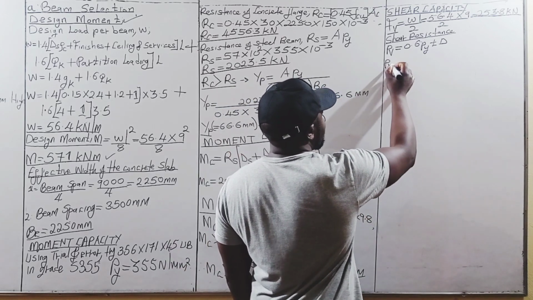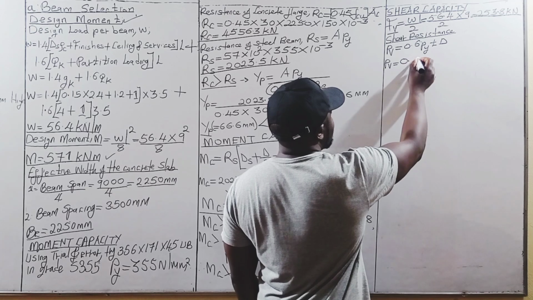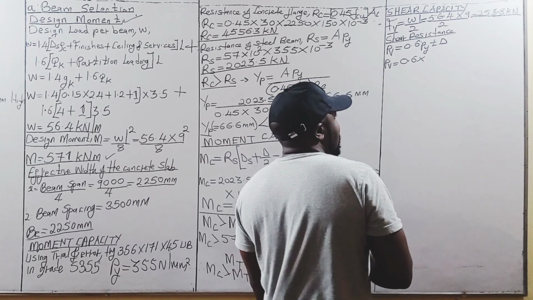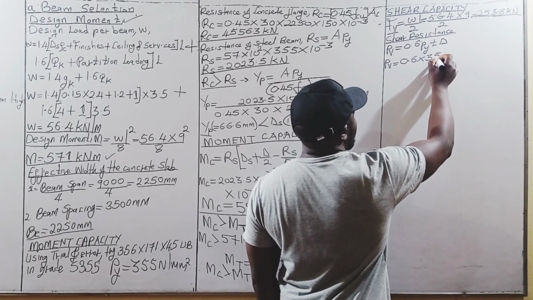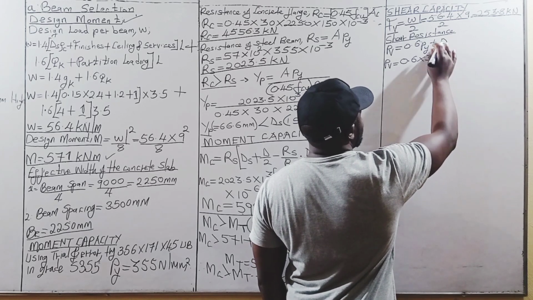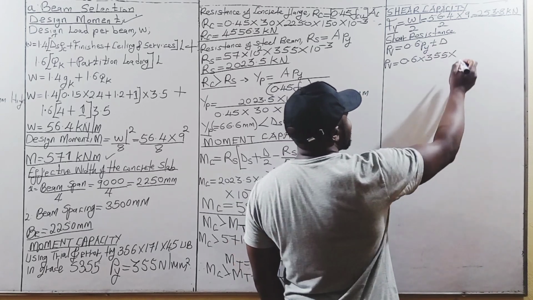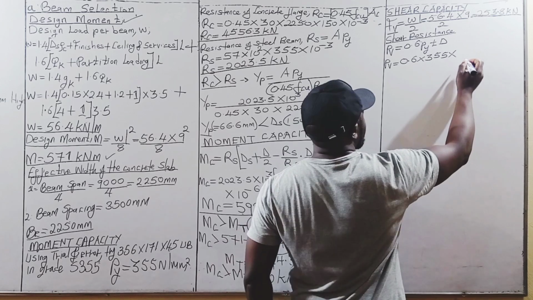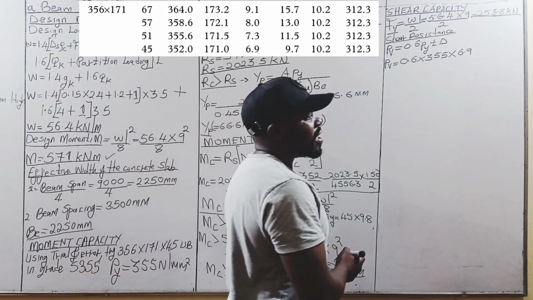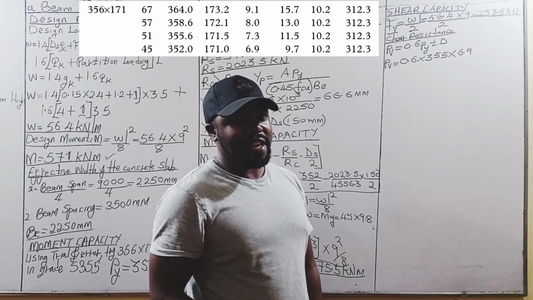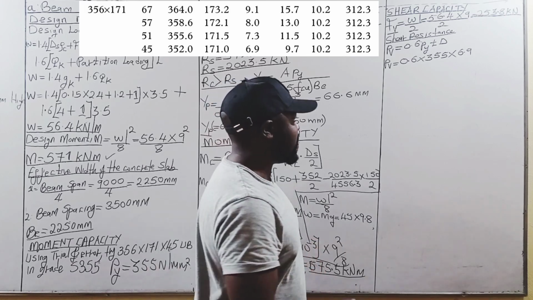Therefore, the shear resistance PV will be 0.6 times the design strength of steel, that is PY 355, times the web thickness of our steel section 6.9 millimeters, that is obtained from Appendix B of the BS 5950.